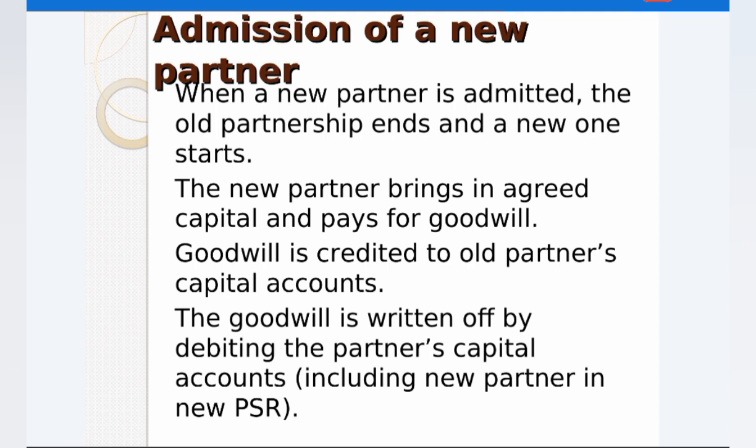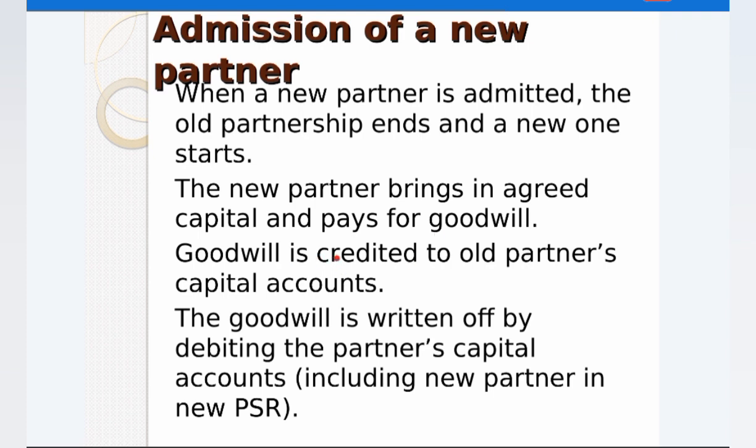The new values of capital are as per our capital account, and the new asset values will be as the market price depicts. Then the new partner is supposed to bring in capital and pay goodwill that will have been determined.